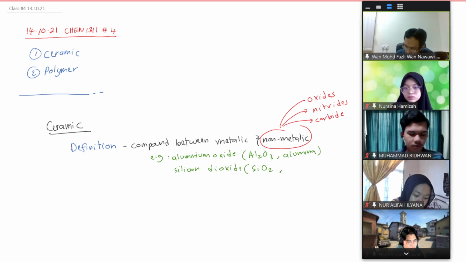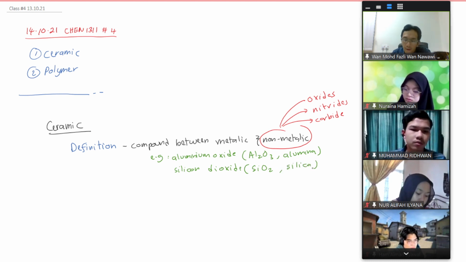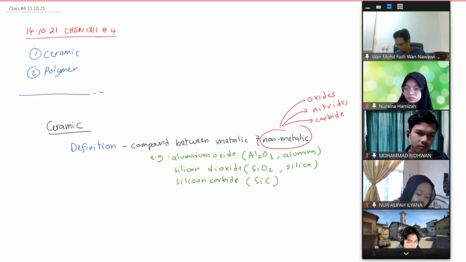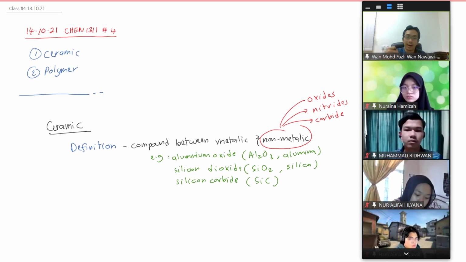This normally we call it silica, the common name for that. And also you have silicon carbide, SiC. So when we talk about the non-metallic part, you can see most of the time they are oxide, nitride and also carbide.